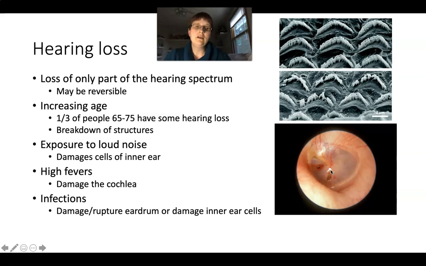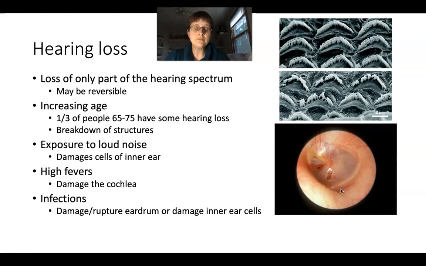Very often there is hearing loss associated with individuals who had lots of ear infections as children. Some of you may have had tubes put in your ears when you were a kid. That's usually because you had a lot of ear infections and they wanted to make sure that the fluid didn't build up in your ears, because that can damage the ear structures, things like your eardrums.